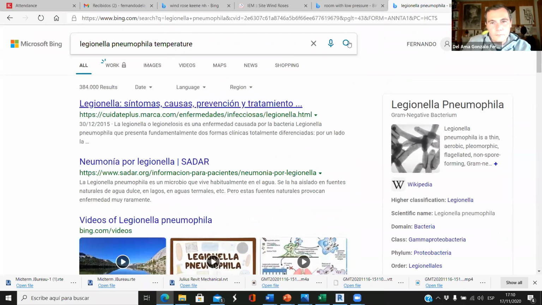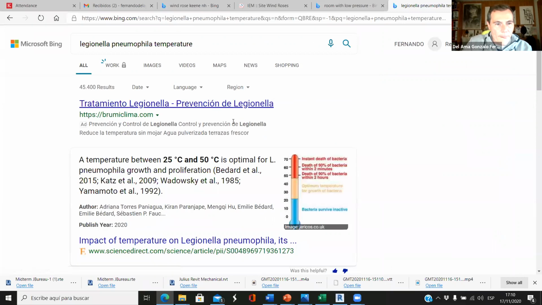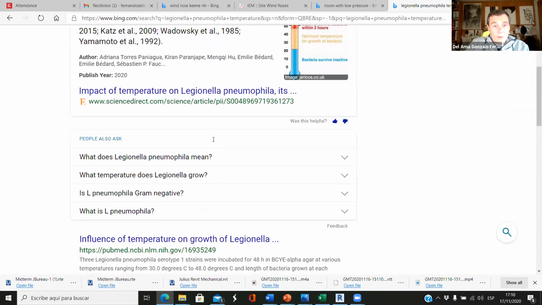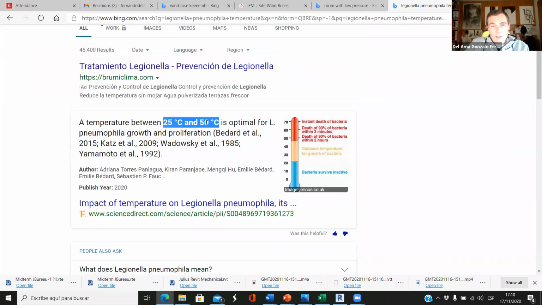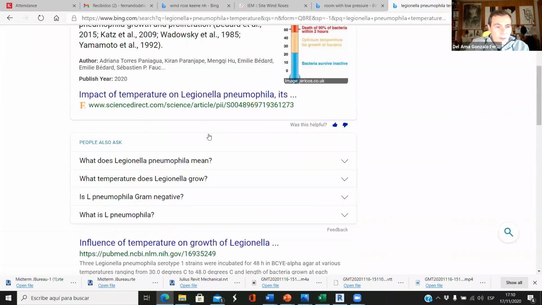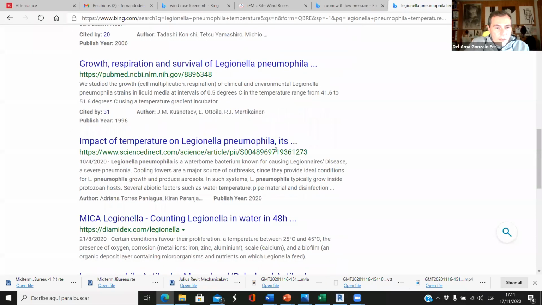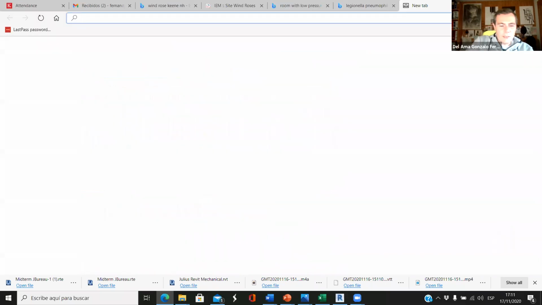Between 25 and 50 Celsius is the optimum temperature for this bacteria to grow and to reproduce. So what do we have to do? We have to go beyond 50 Celsius, and so the temperature is always 60 Celsius.